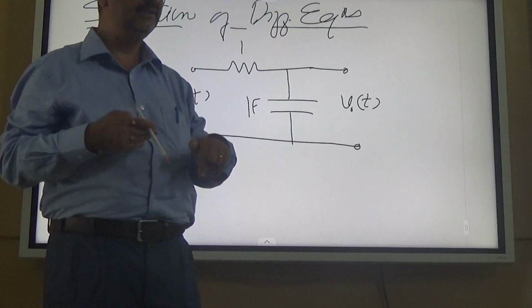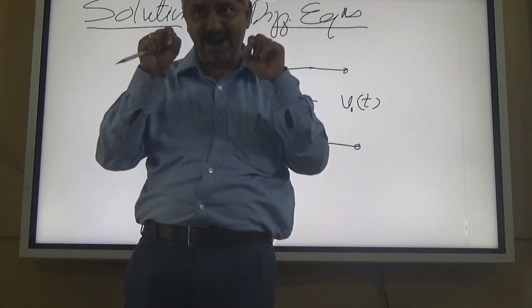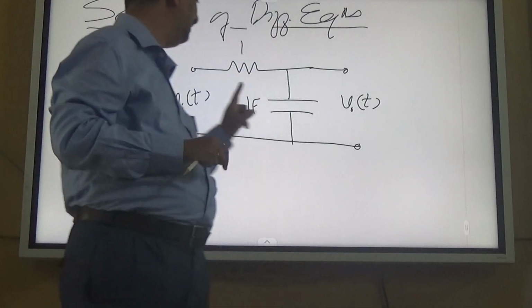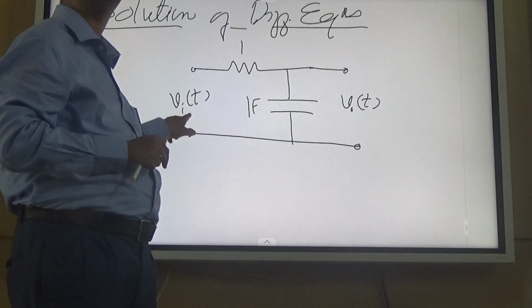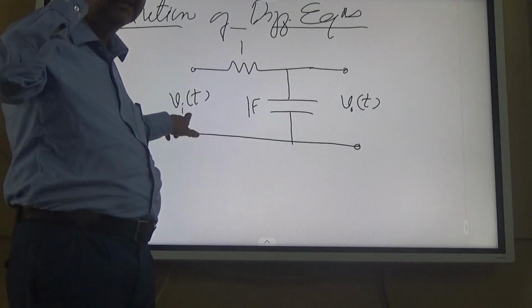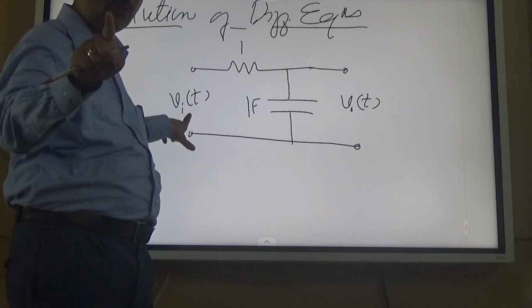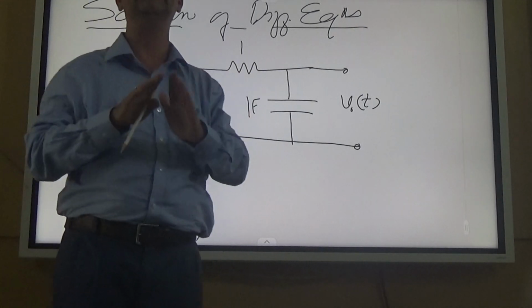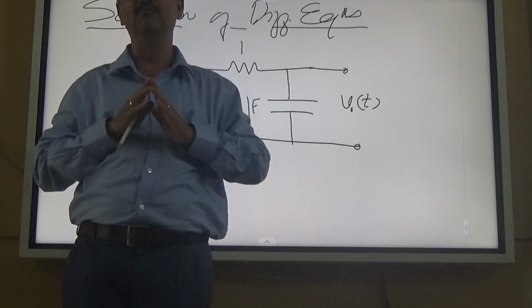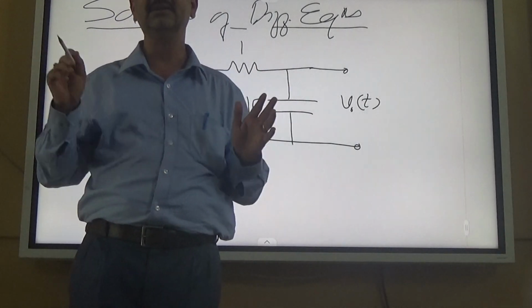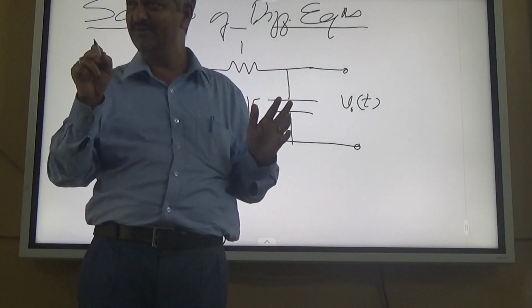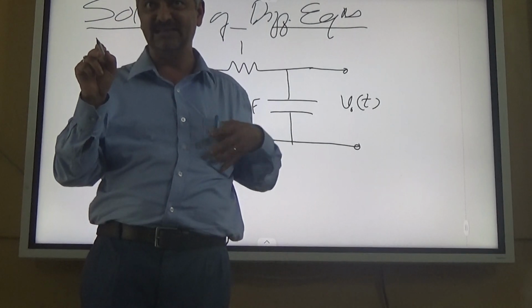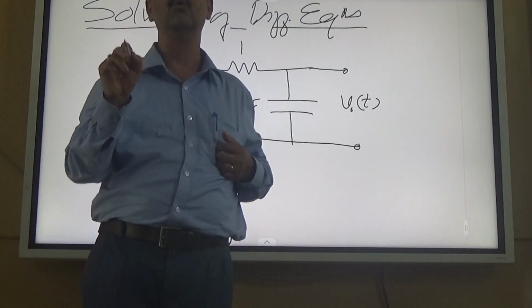But if the input is a well-defined thing, means v(t) is expressed as a deterministic function of time. What do you mean by a deterministic function of time? v(t) equal to constant, v(t) equal to u(t). u(t) means what? Till t equal to 0 it was 0, and when t becomes 0 it becomes 1.